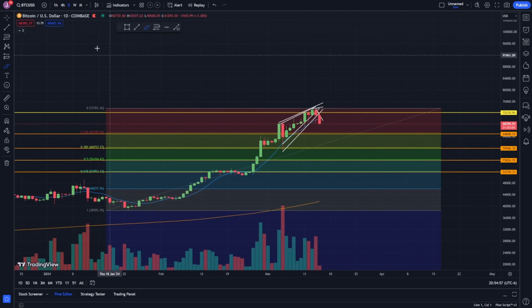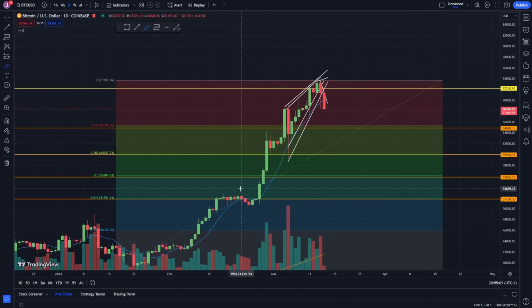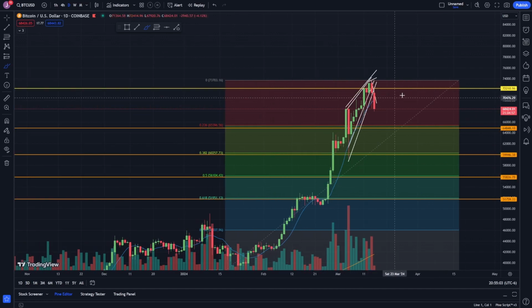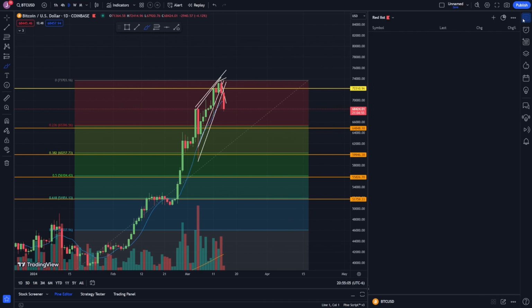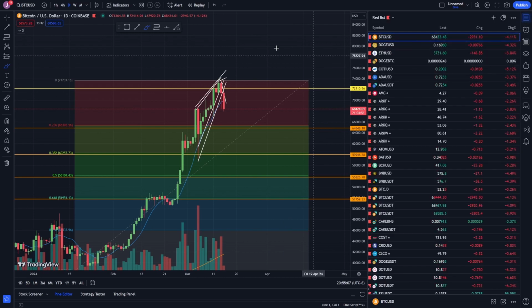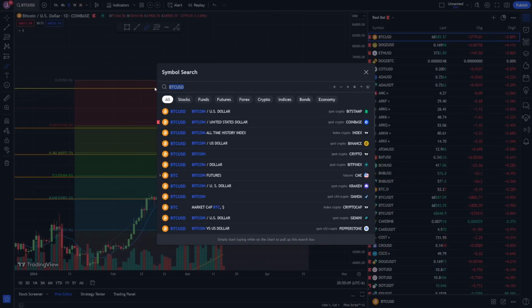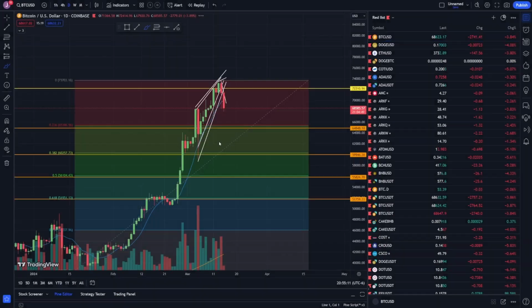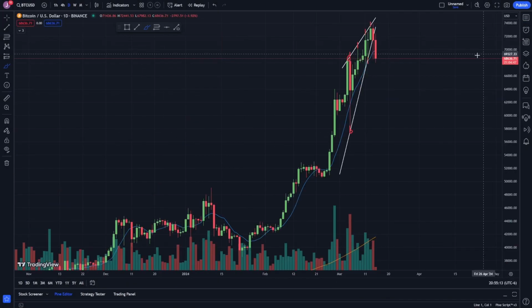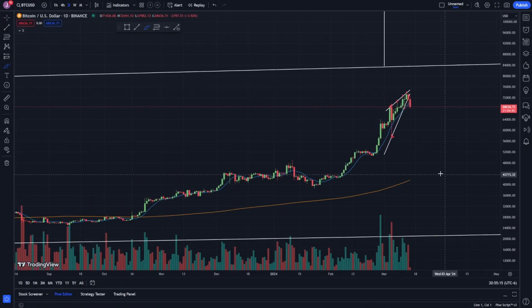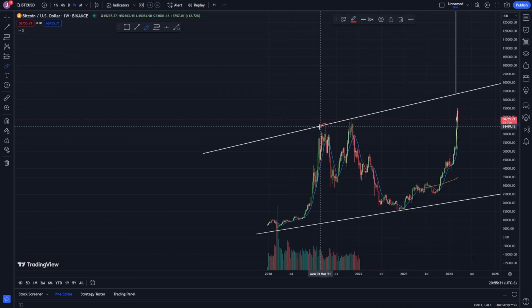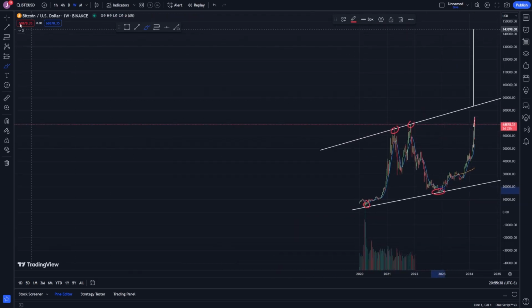But yeah, I think right now we're looking at a falling wedge, and I'm looking at these limit orders and the Fibonacci retracement levels. There's also another thing that I wanted to show you guys real quick. It's a big, huge target, purely speculation, but it's something to watch. I just saw this the other day. We got a bottom right here and a bottom right here, and I'm looking at these two trend lines.